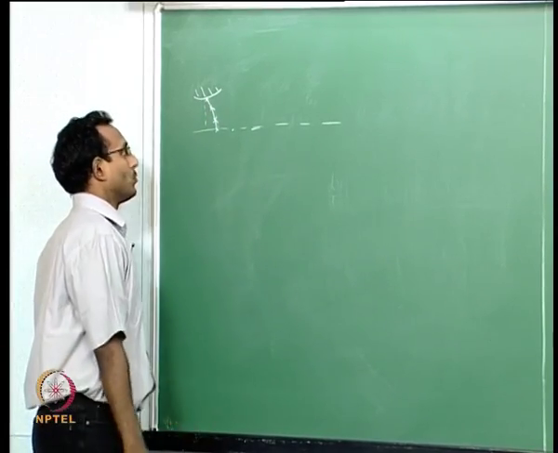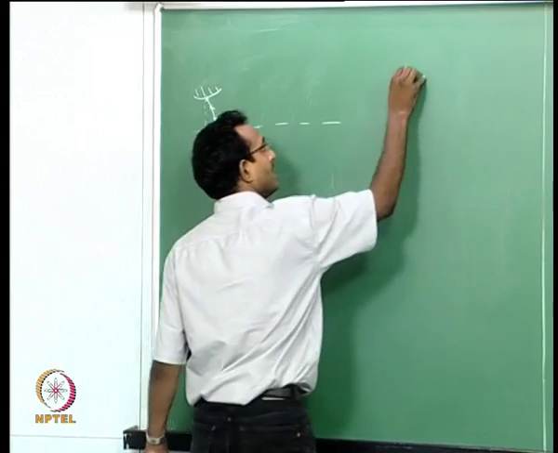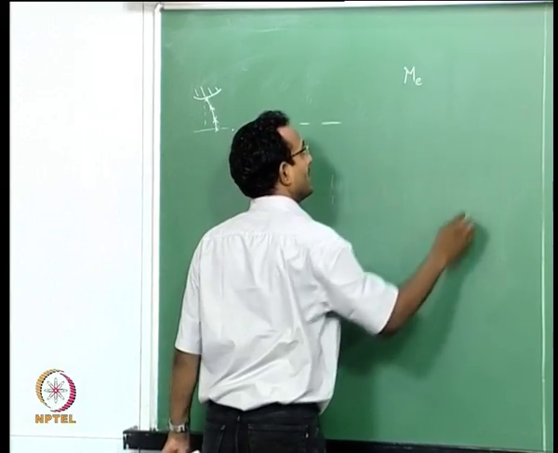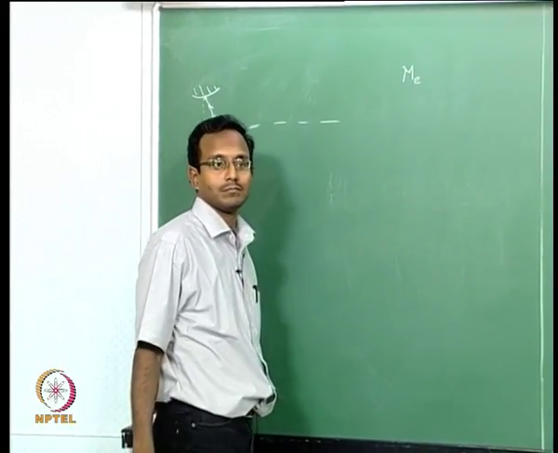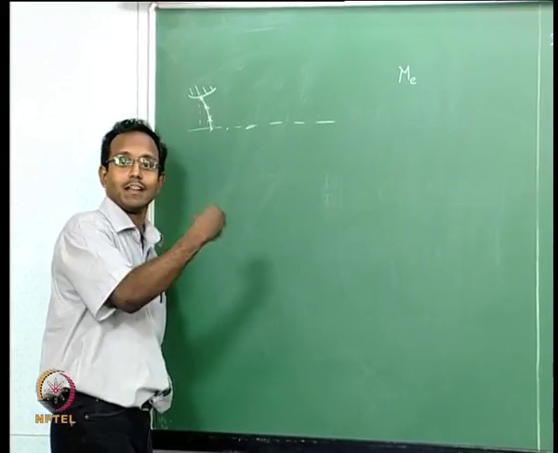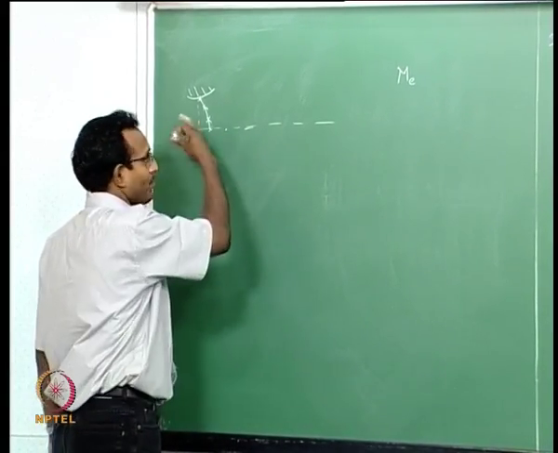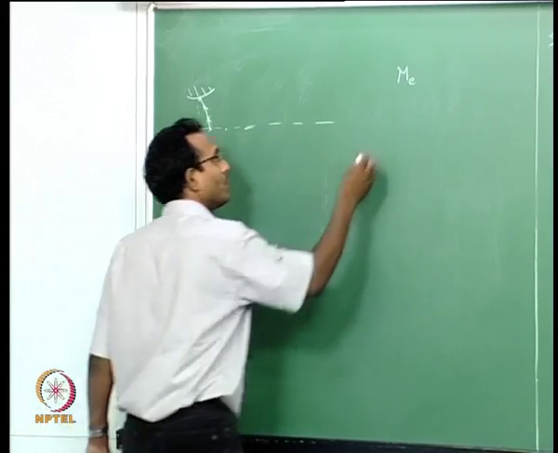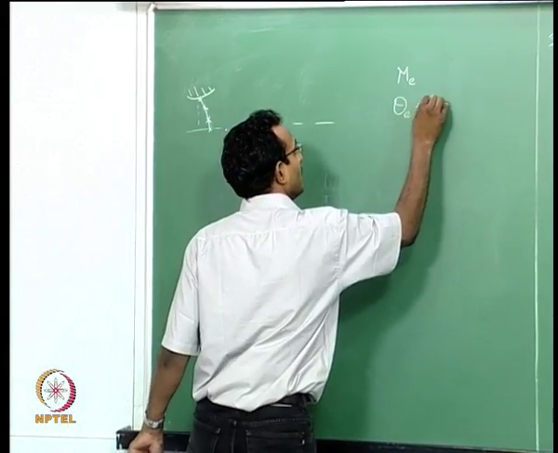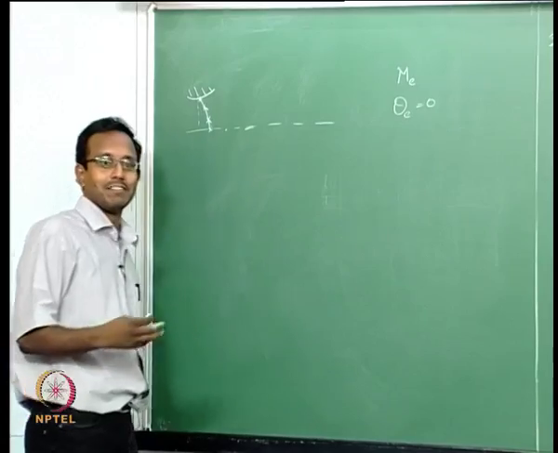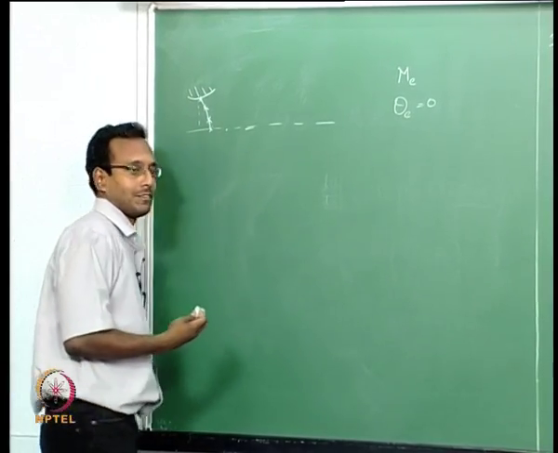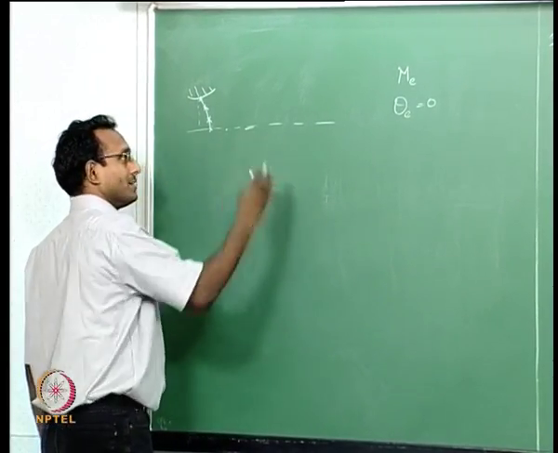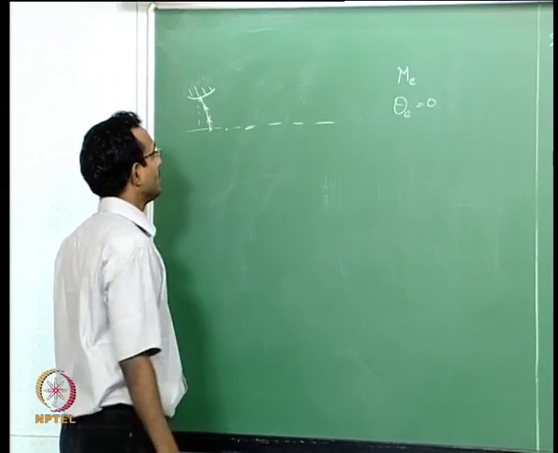Okay. Now, let us say M exit is known to me, okay. That is my target Mach number I want to get from this nozzle at the exit, and I want theta exit equal to 0. This is a standard thing we want for supersonic tunnels anyway. So, I want to get such a situation.